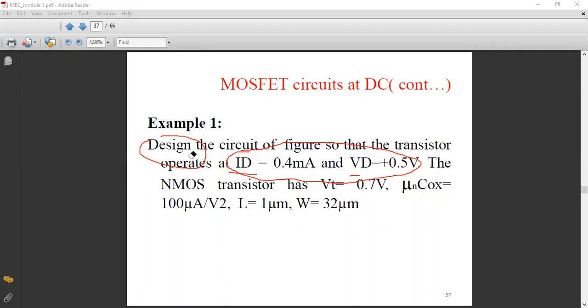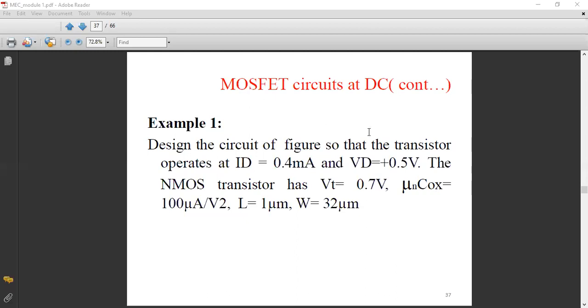And see that this transistor is an NMOS transistor. Its threshold voltage is 0.7 volt. Then mu n into COX is 100 microampere per volt square. What is mu n into COX?